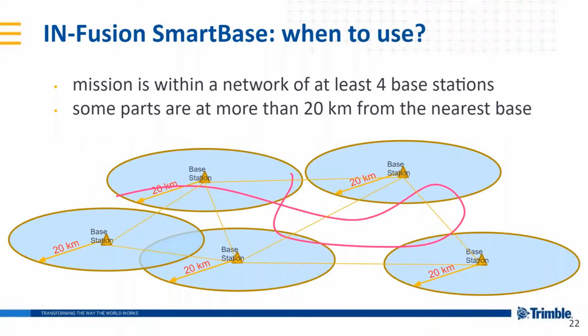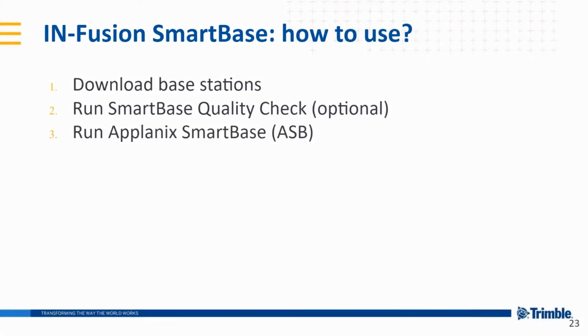When should we use SmartBase? In case our mission is within a network of at least 4 base stations, and some parts of your mission are at more than 20 kilometers from your nearest base, as we can see from this graphic. In this case, we can use the SmartBase processing mode. How to use SmartBase?